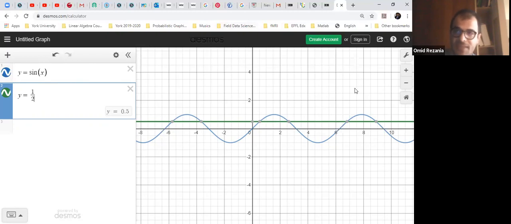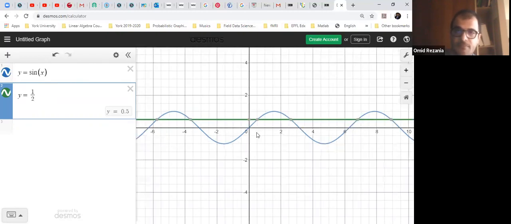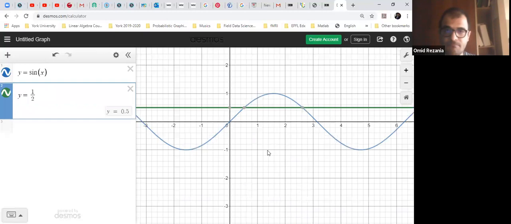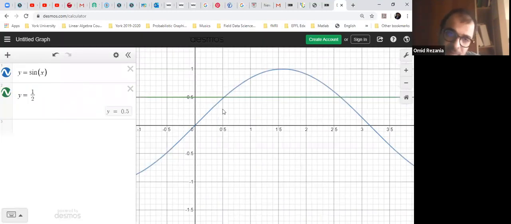And now look at this. The blue curve is sine x, but the green curve is 1 over 2, which is 0.5. Look at the first point where they intersect, if I walk from left to right from 0 on the x-axis.